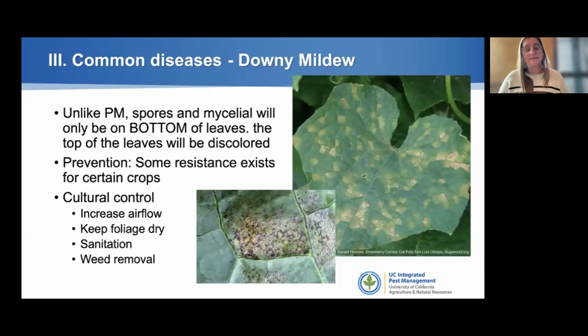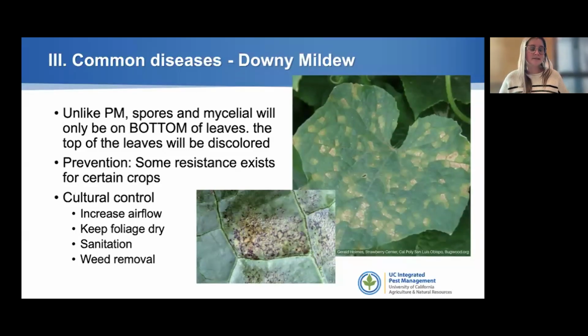Now, for prevention, there is some crops that do have resistance, but again, if you have a problem with it, it can generally be controlled with cultural controls in California. And this includes increasing that airflow, keeping the foliage of your plant as dry as possible, whether that's through drip irrigation as opposed to overhead watering, or by removing excess leaves so that there's more airflow.